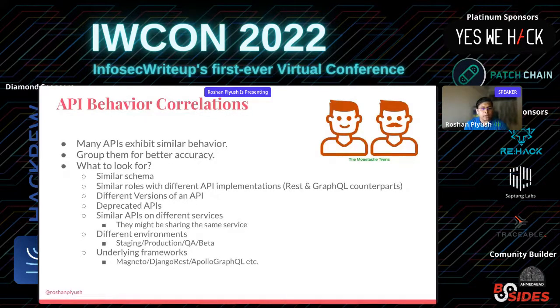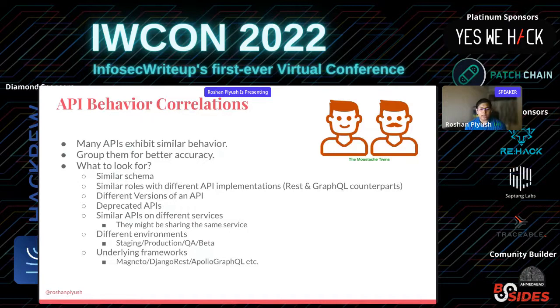Okay. So now, if you want to look for similar implementations, there will be different APIs that are implemented. One may be in REST. There may be a REST backend that is implementing the GraphQL counterpart of it, or there may be a version 1 and 2, with version 1 being on REST and version 2 on GraphQL. Even different versions on the REST endpoint itself, like V1 and V2, V1 may have very different features, and V2 may have slightly different features.